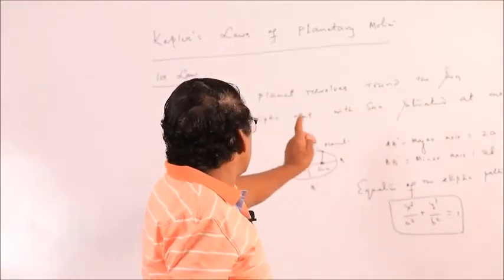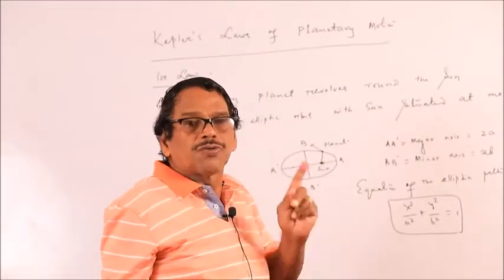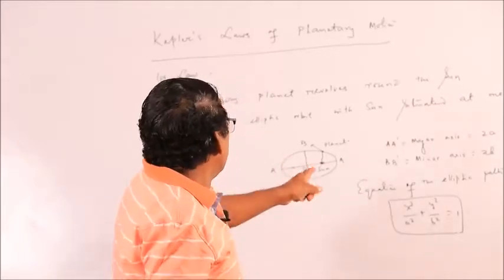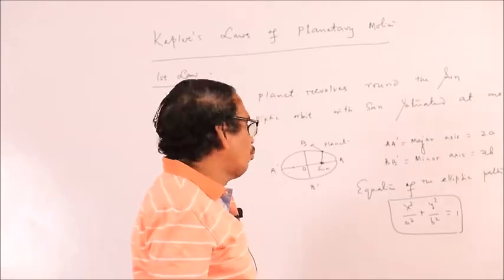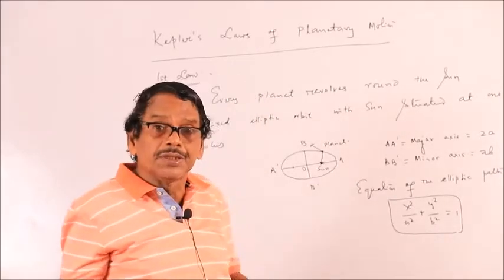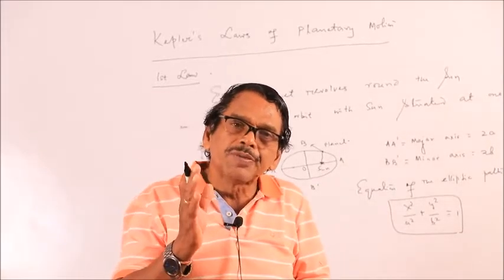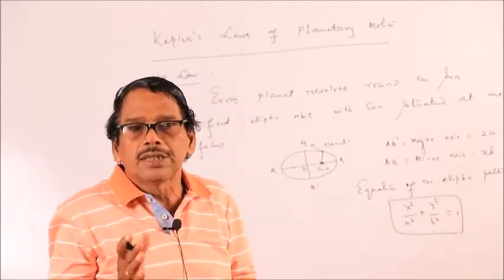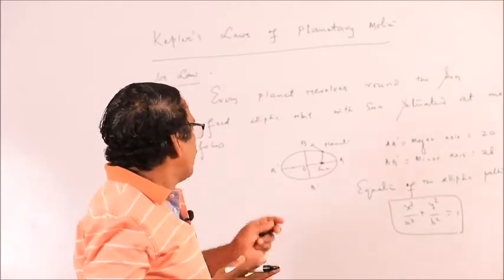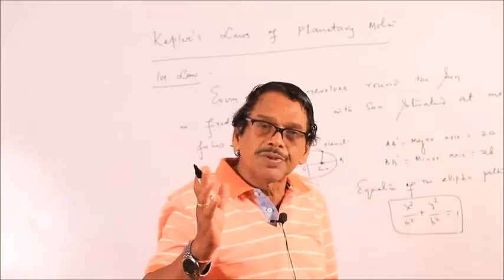The sun is situated at one focus of every elliptic orbit. Clear? When a becomes equal to b, that is, semi major axis becomes equal to semi minor axis, the ellipse becomes a circle. So, the circle is a particular case of an ellipse where semi major axis is equal to semi minor axis.